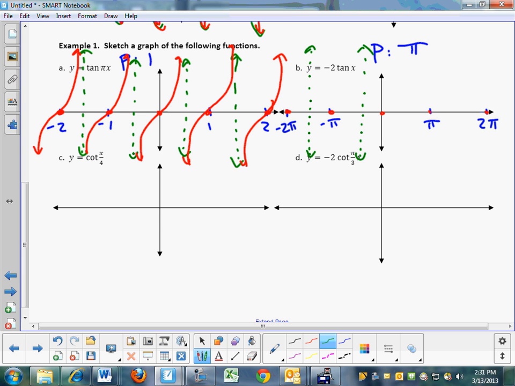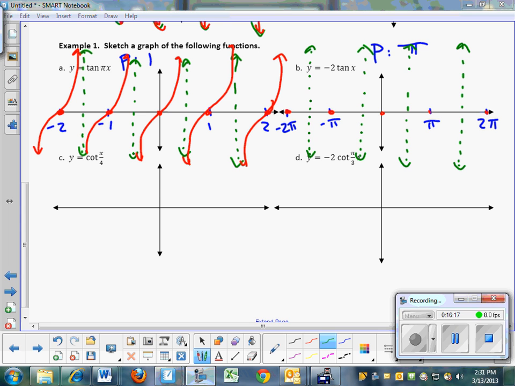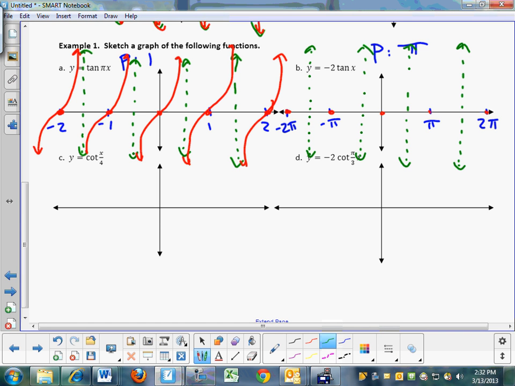Do you draw good lines? Okay, whatever. Does it start down and finish up, or start up, finish down? Why does it start up and finish down? Because it's negative. That will reflect it. So I start up and I finish down.